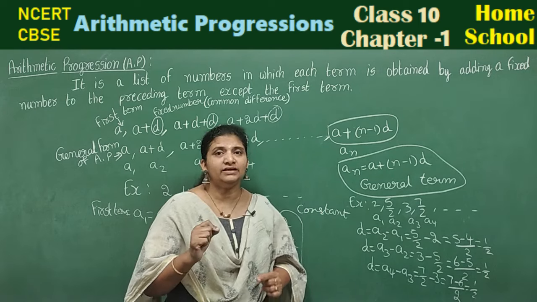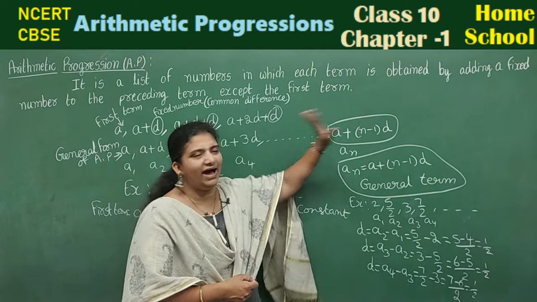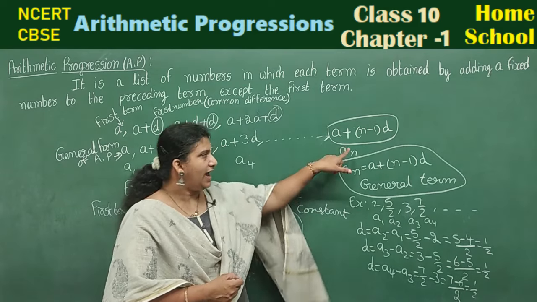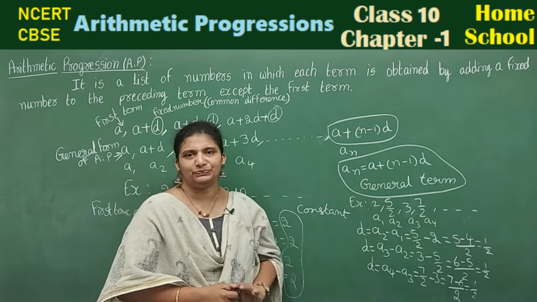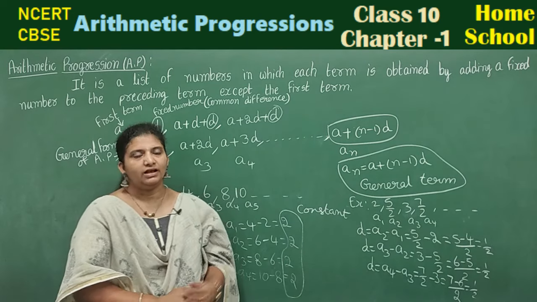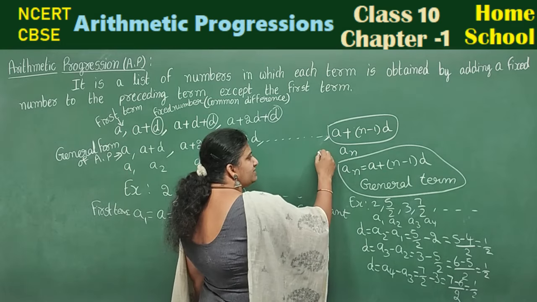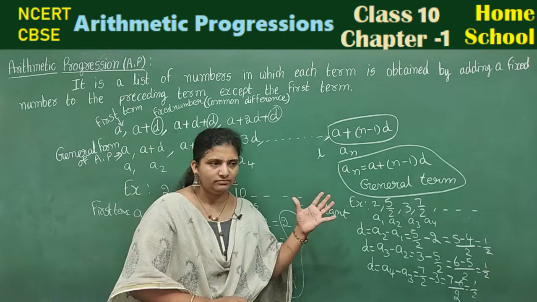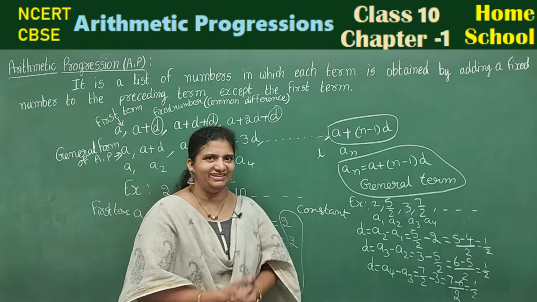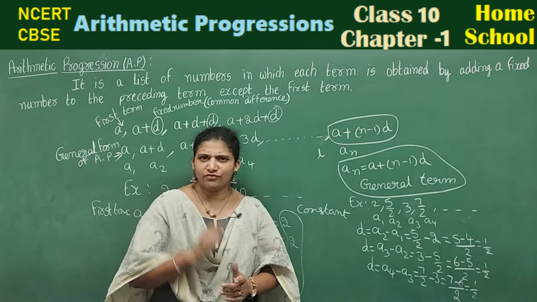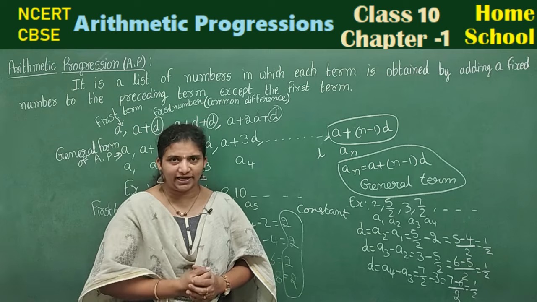10th term. N is the term number and An is the term value. N is the number of the term and An is the value. The last term we call the general term, and we may say this as L. Last term we say as An or L. So first term is A, common difference is represented by small d.